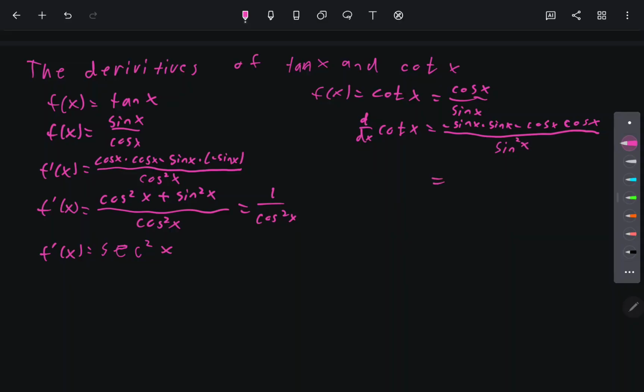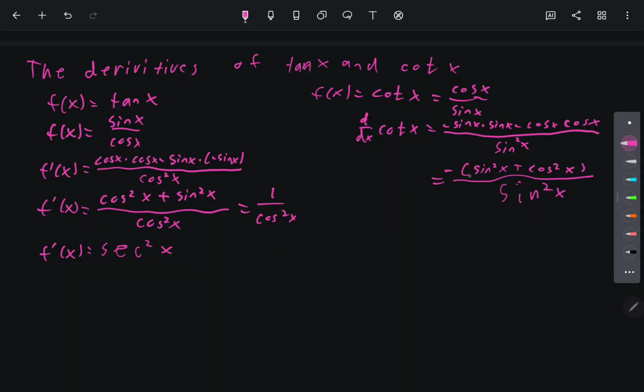Well, we can factor out a negative 1 from everything, and we're going to get sine squared of x plus cosine squared of x all over sine squared of x.